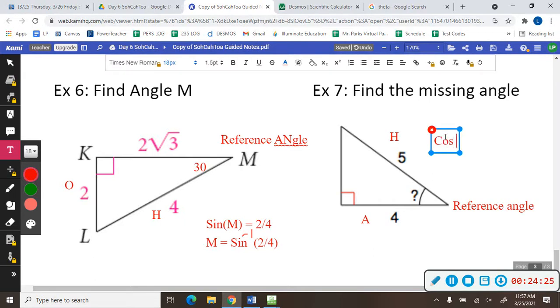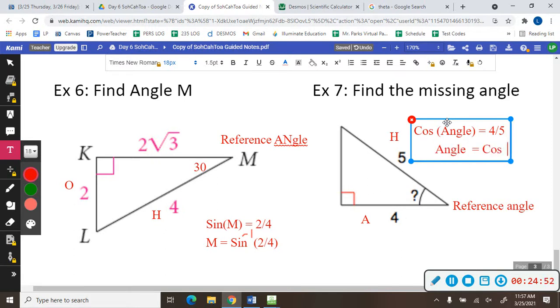So the cosine of that angle, we'll just call it angle A, or I usually like to use theta, is equal to adjacent divided by hypotenuse, 4 divided by 5. So then the angle would equal the cosine inverse of 4 divided by 5.